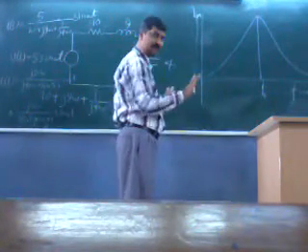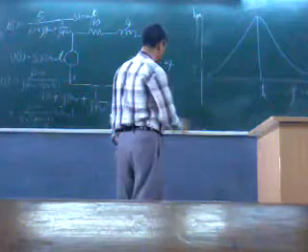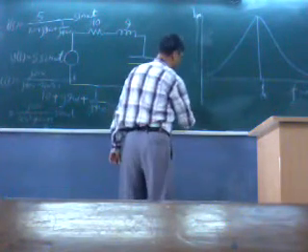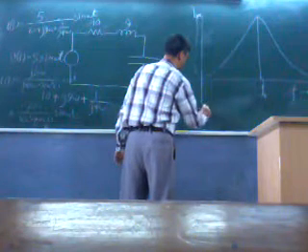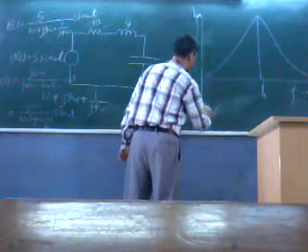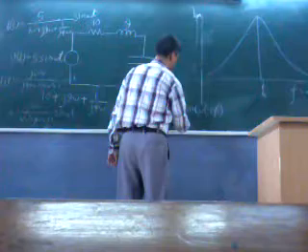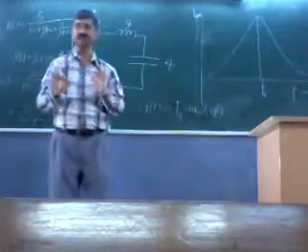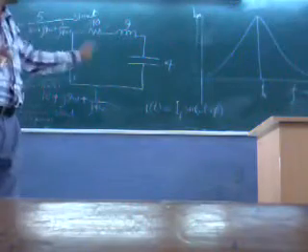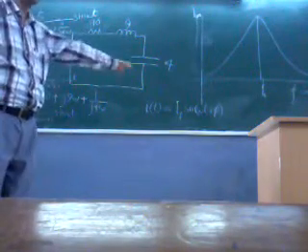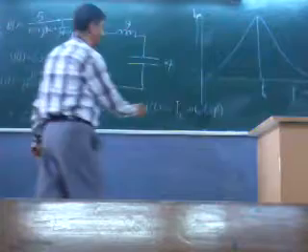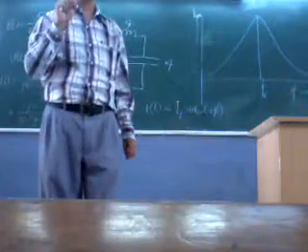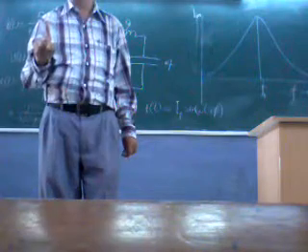You should get rid of j completely, and whatever you get must be I sin omega t plus phi, or we can say IP sin omega t plus phi. Ultimately you should get an expression like this. IT would be equal to IP sin of omega t plus phi, with IP as well as phi being functions of omega.